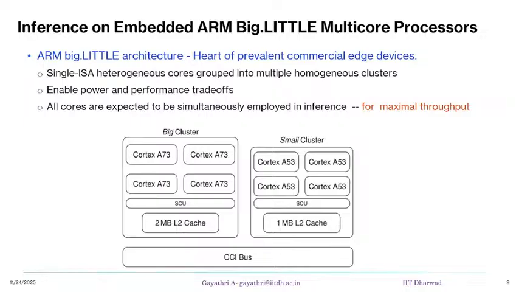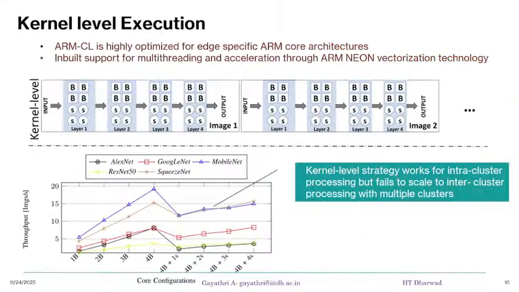You have a lot of inter-cluster traffic, which results in a lot of communication, and a lot of conflict misses go to the other cluster's cache to get the data. So the time increases, the communication overhead is more, and because of that you see a drop in performance, right? So you have an SoC with 8 cores, but you are not able to use it effectively because of these problems.